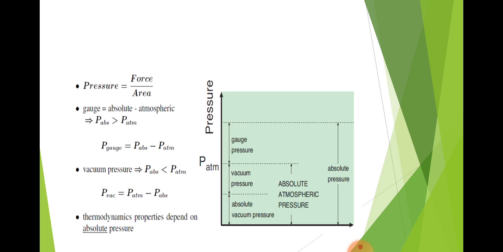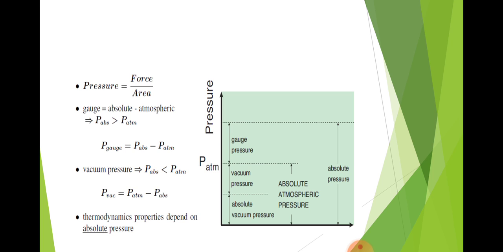Means the boiler pressure is equal to the gauge pressure plus atmospheric pressure. Then we get the absolute pressure of the steam in the boiler. Get my point?